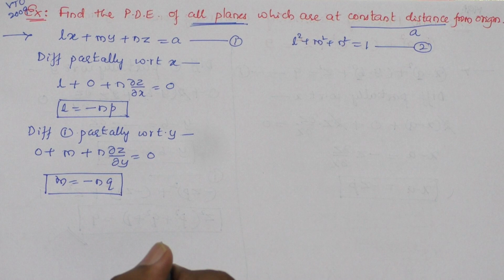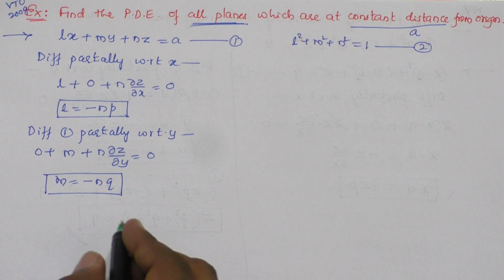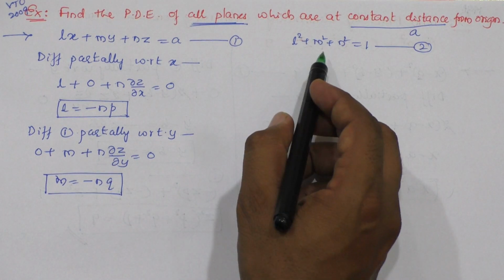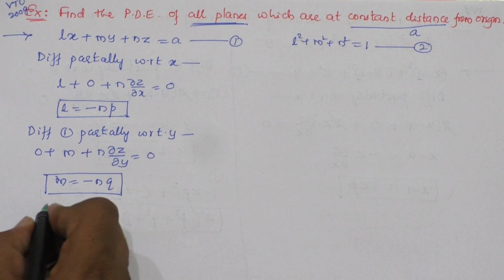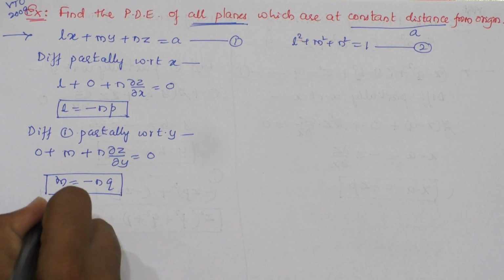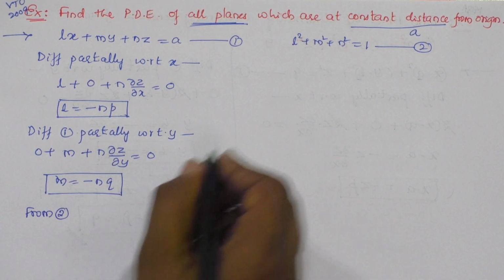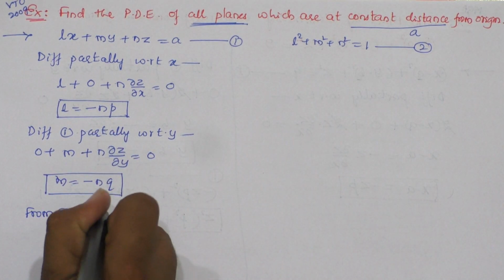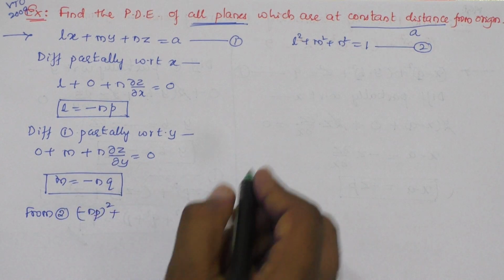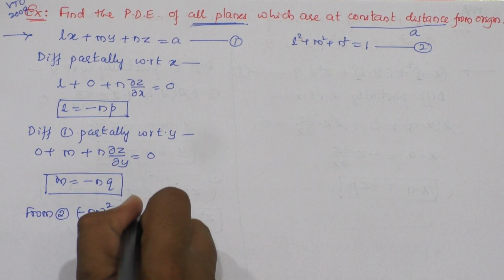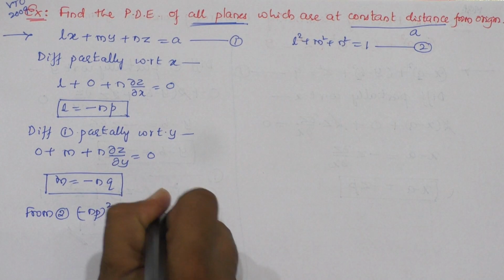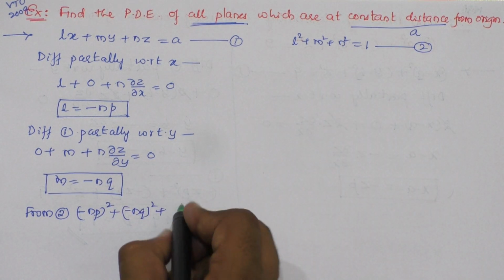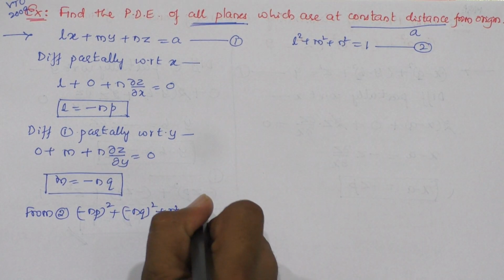Now substitute the same in equation 2. We know L square, L means minus np, square, plus m square, m is minus nq, square, plus n square, n as it is, equal to 1.